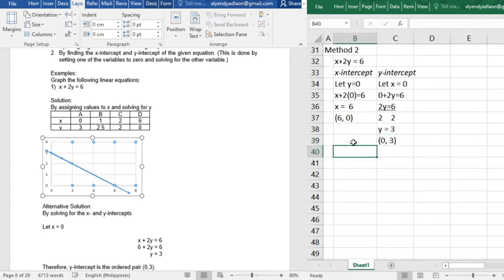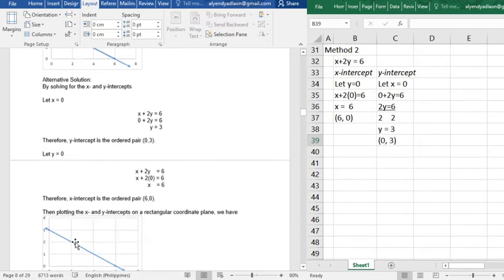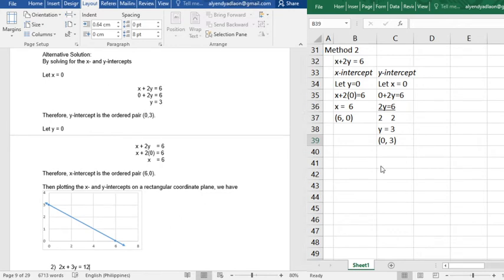Now, to plot this one, class, let us see if it will give the same line as our first method. So to plot the second method, as you can see, our x-intercept is 6, so you can see the 6 on our x-axis.